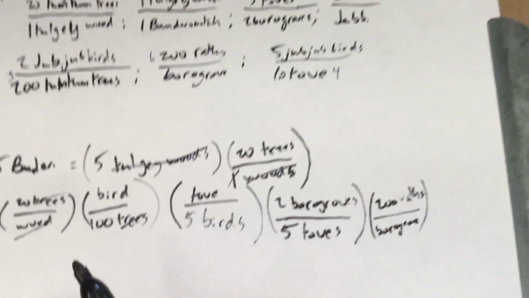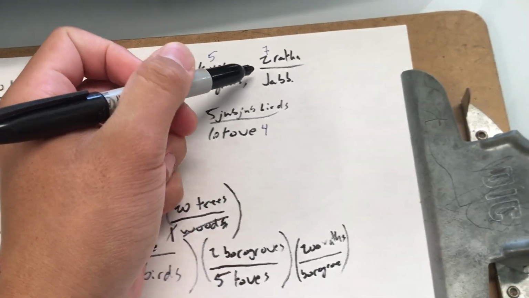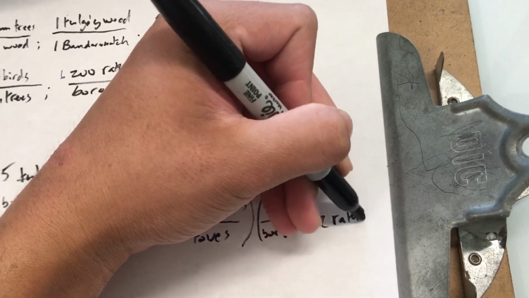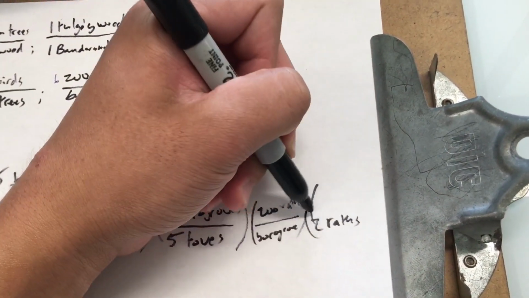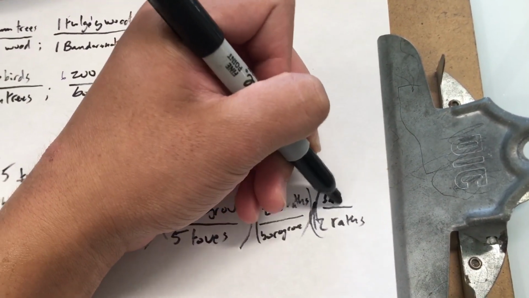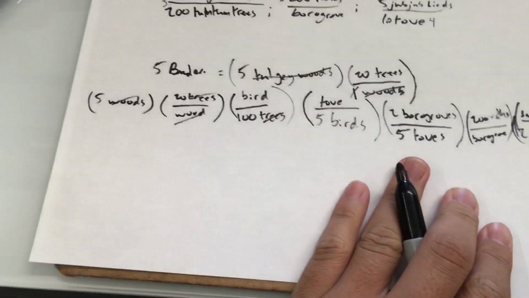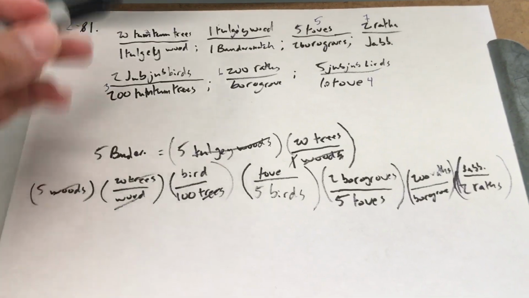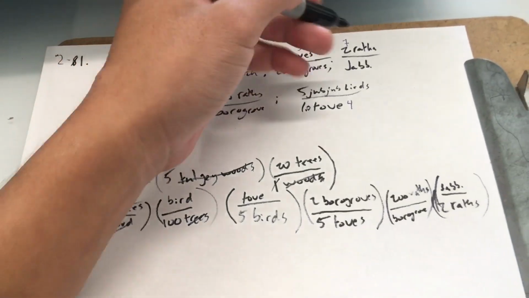Okay, so now that's the last one, which is wraths per Jabberwocky. So now we have 2 wraths, whoopsies, Jabberwocky.